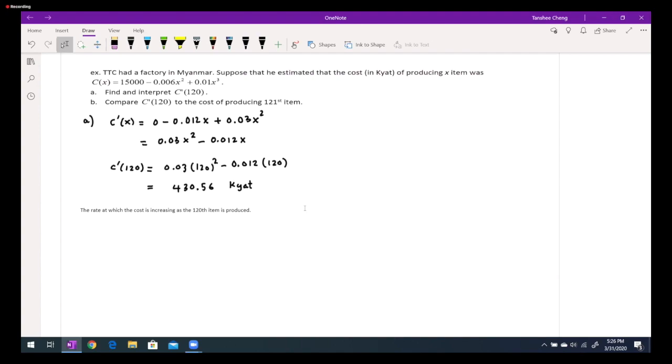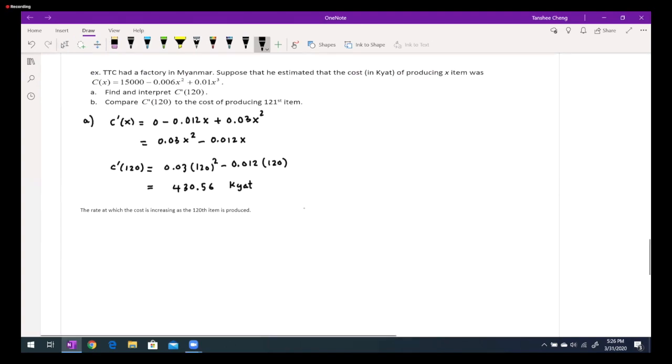All right. So now part B is basically asking you to compare what we found in part A with the cost of producing the 121st item. So if we are producing one more item, what is going to be the cost?